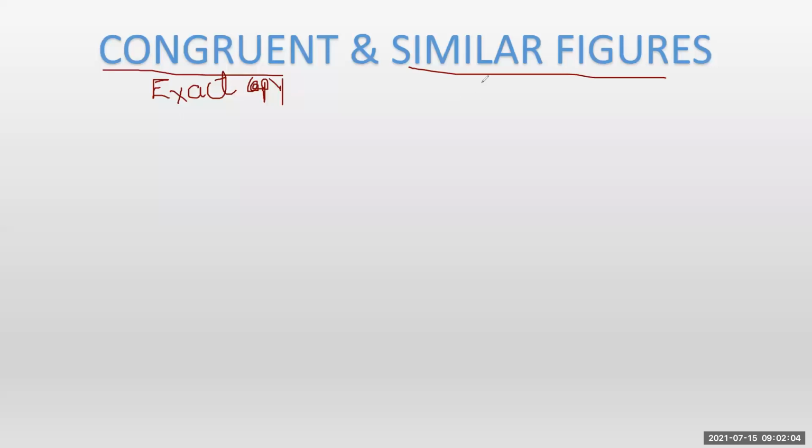And here it is look alike. This is very important. You should understand the difference between congruent triangles and similar triangles, or congruent and similar figures. Congruent figures are the exact copy.